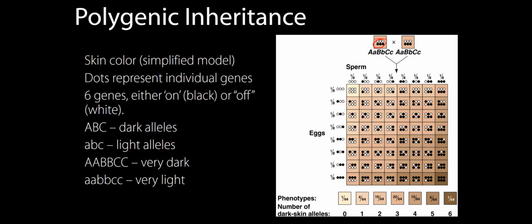And in reality, it's not 6 genes. Oh, I'm sorry, you know what? This is just showing you 3 genes, not 6 genes. There's 6 alleles. In reality, there's 1, 2, 3, 4, 5, 6, 7, 8.